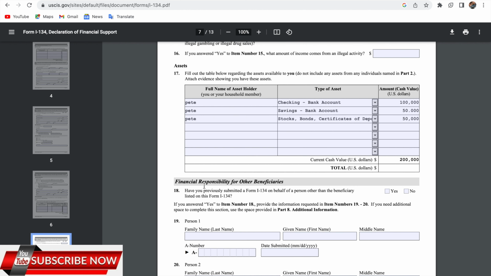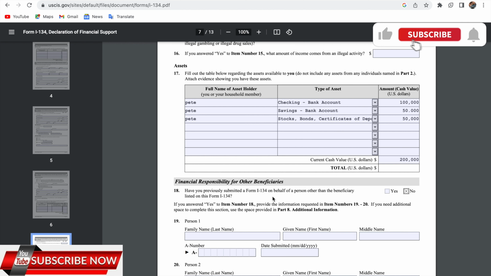So it says financial responsibility for other beneficiaries. Have you previously submitted a form I-134 on behalf of a person other than the beneficiary listed on this form? If you have previously filed for someone before, you click yes. But if you have not, you click no. So you just go with no. But don't lie.